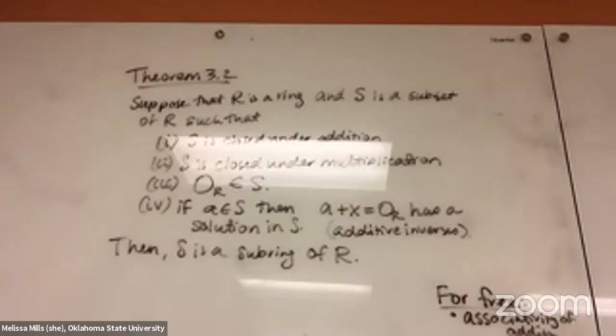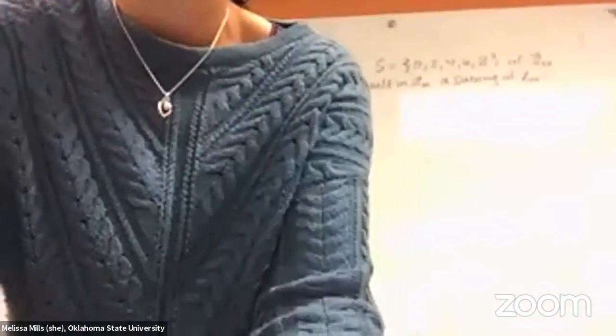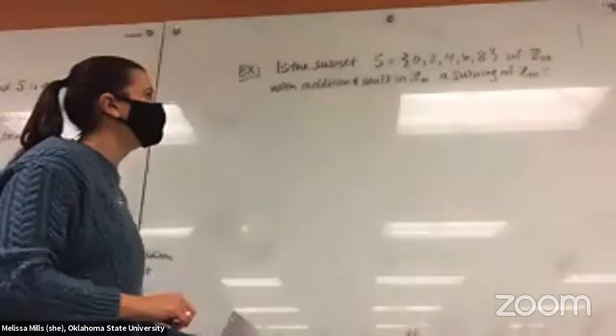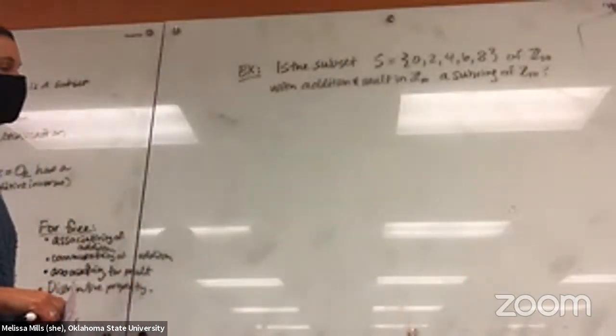Is the subset S equal to {0, 2, 4, 6, 8} of Z mod 10, with addition and multiplication in Z mod 10, a subring of Z mod 10? So is that subset a subring?